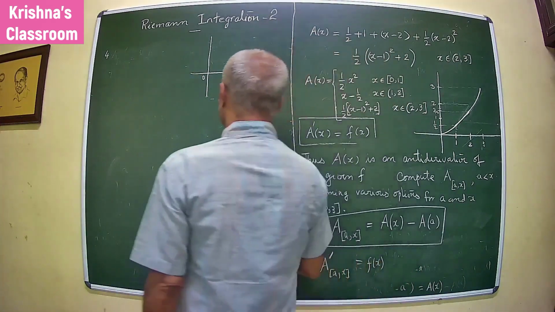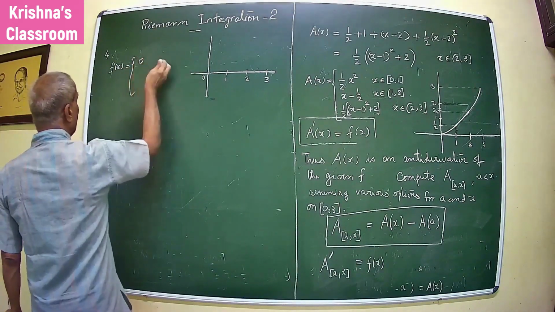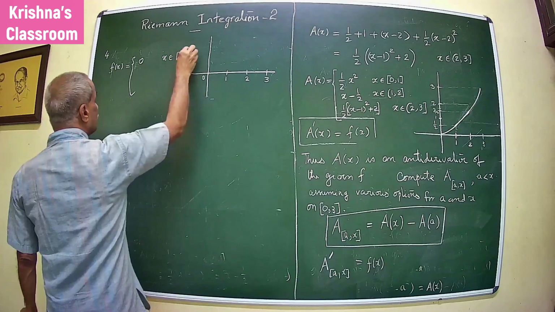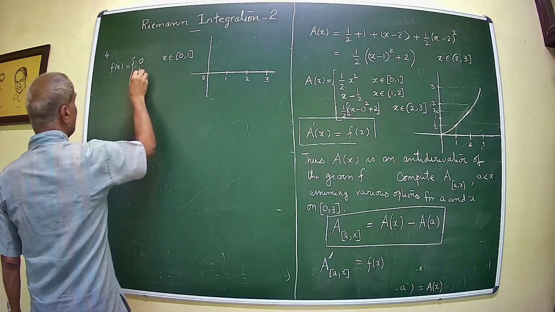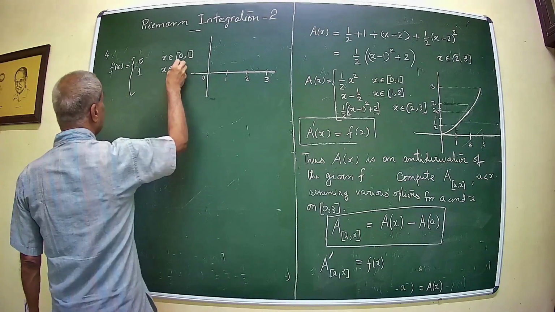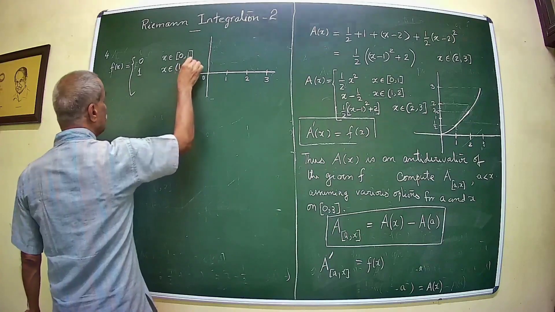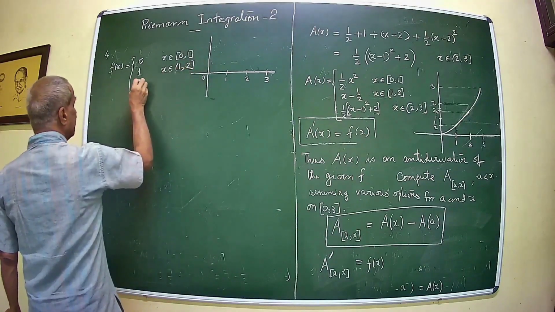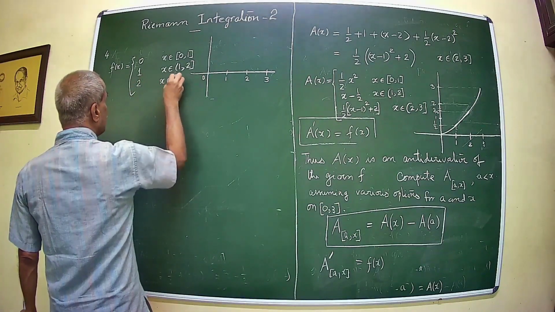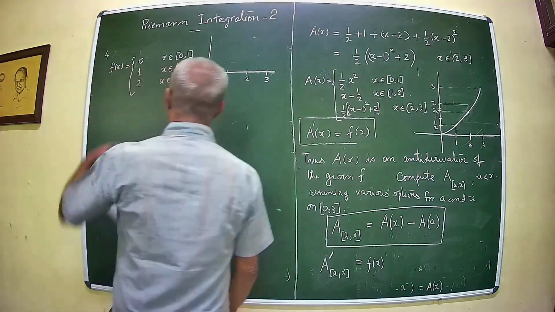And we choose f(x) to be 0 on the interval [0, 1], equal to 1 for x belonging to (1, 2], and equal to 2 for x belonging to (2, 3]. This is the open-closed interval.